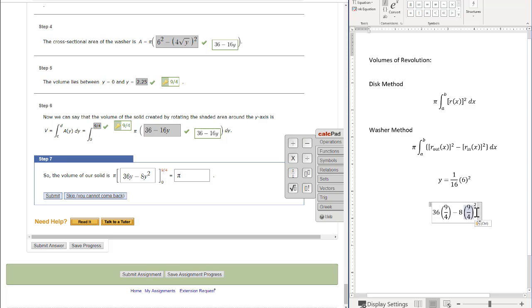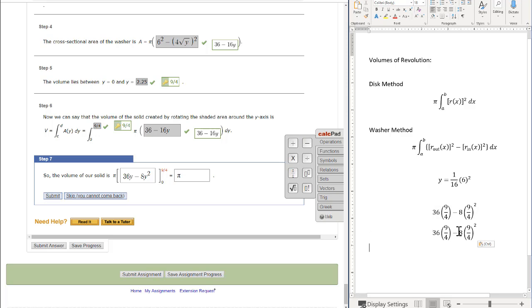So let's see if we could do any simplifying. We have 4 goes into 36 9 times, so this is going to be 81. And then this is going to be 81 divided by 16. Oops, this is a times.